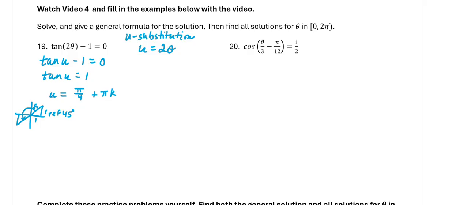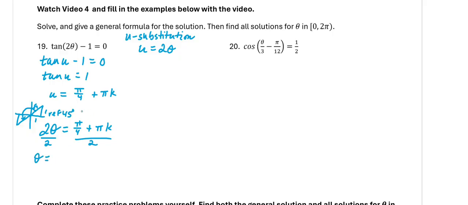Okay, so next, after we find what U is equal to, we substitute back in for theta. So we do 2 theta is equal to pi over 4 plus pi k. Okay, so U is equal to 2 theta. So resubstitute that back in. And now you can see that we need to divide both sides of the equation by 2 in order to solve for theta.